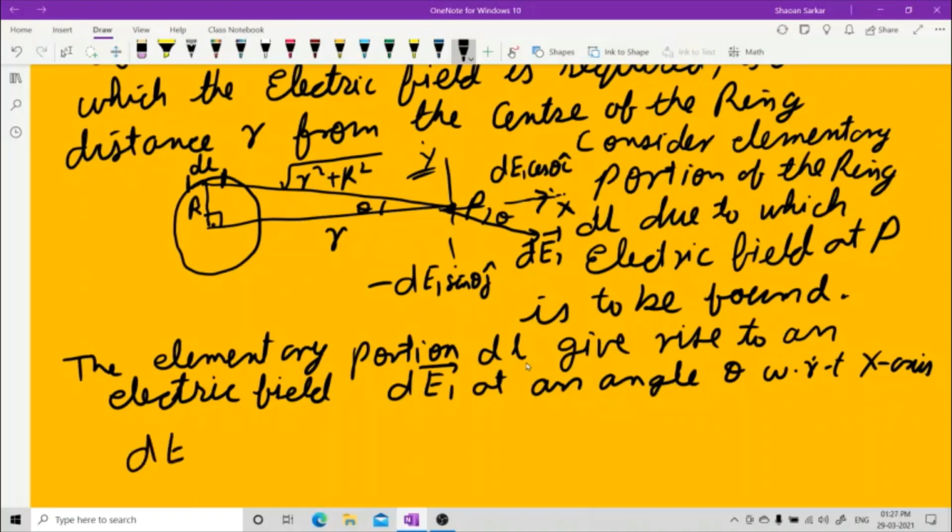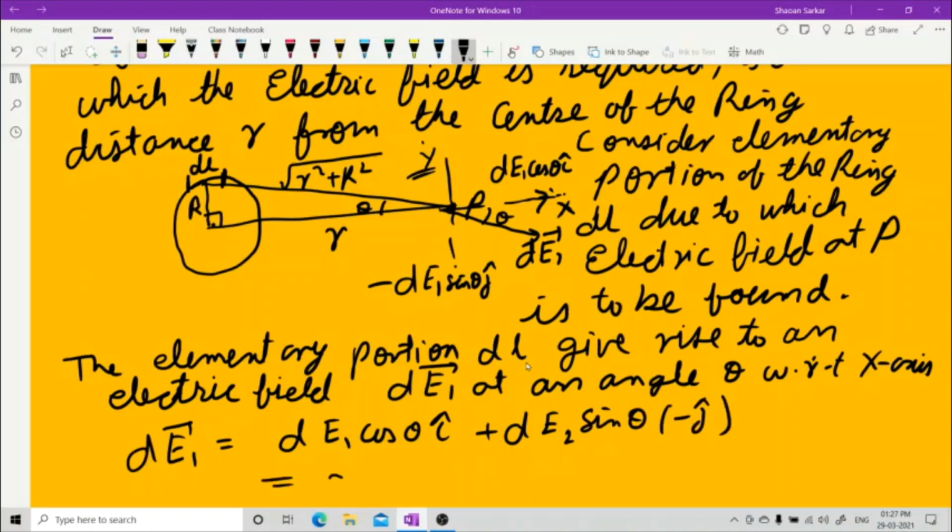So dE1 can be written as dE1 cos theta i cap minus dE1 sine theta j cap.